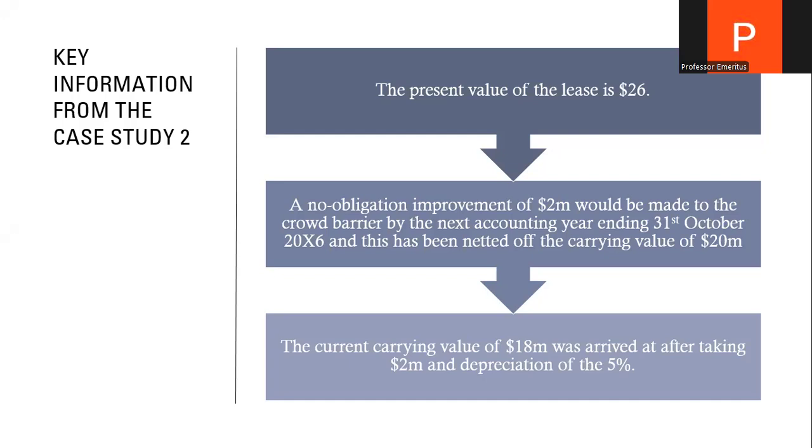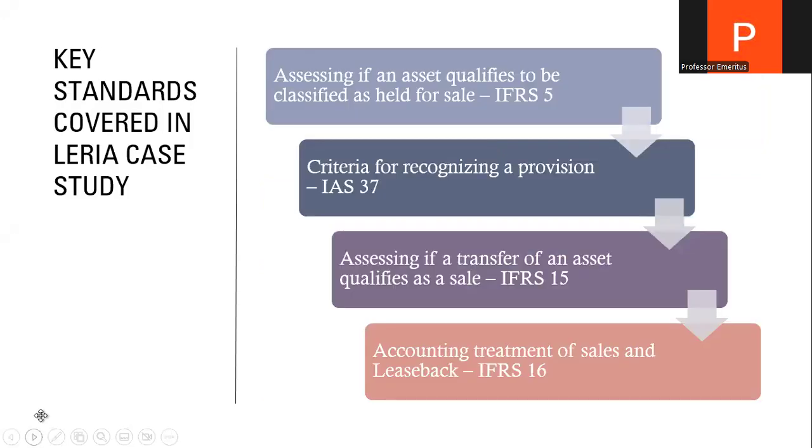One of the first things that comes to mind, with the questions in the case studies, is what are the key accounting standards that have been touched in the requirement of the question? They have asked us to assess if the asset should be classified as held for sale in the current accounting year. That affects IFRS 5, non-current assets held for sale and discontinued operations.